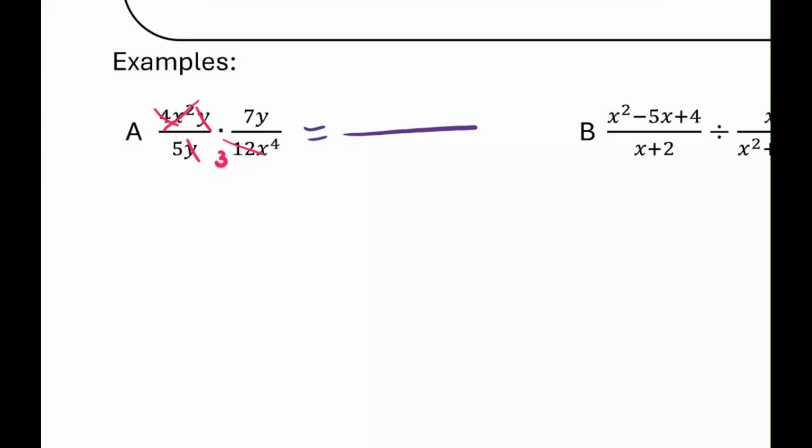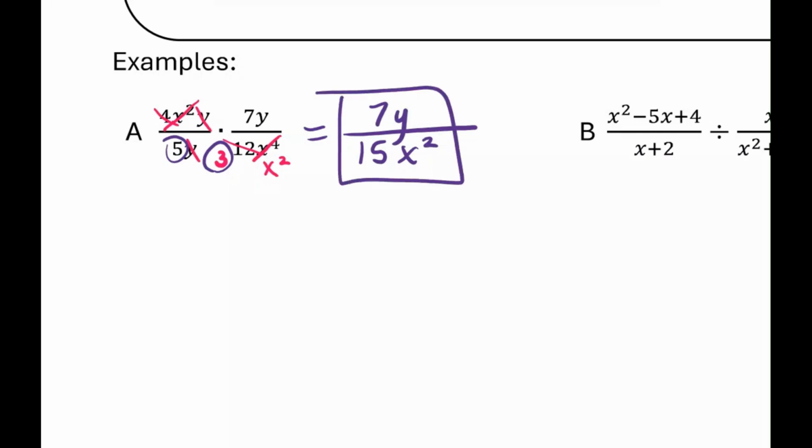I can take 2 from the top, so that would leave an x squared here on the bottom. I don't know, let's see what that does. So now I just have 7y on top, and I have 5 times 3 would be 15 on bottom, and then an x squared. All right, that is our answer.